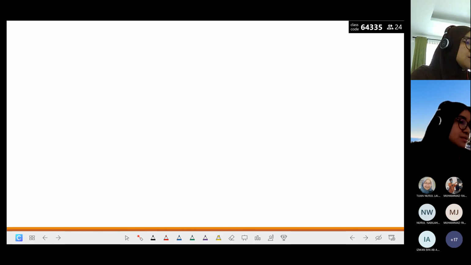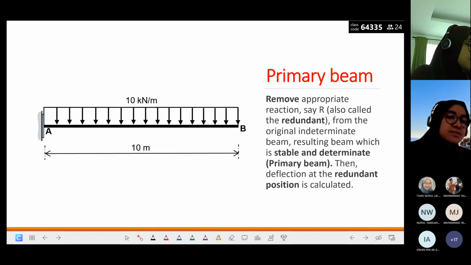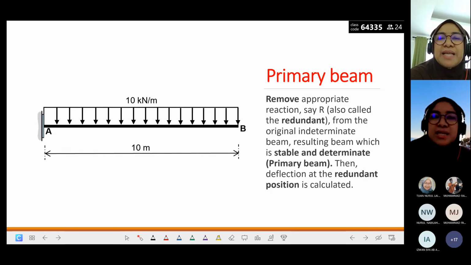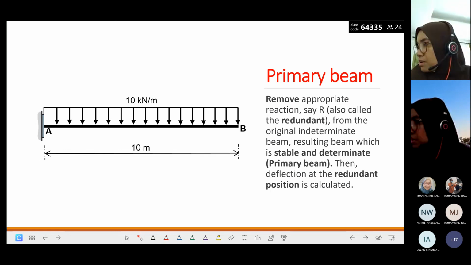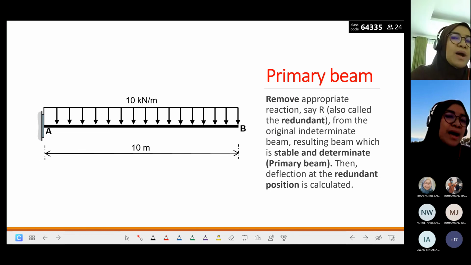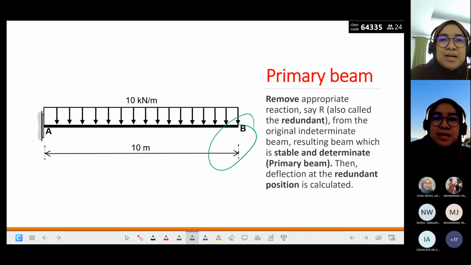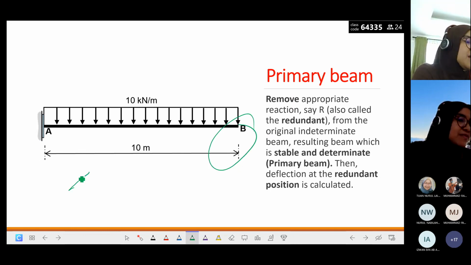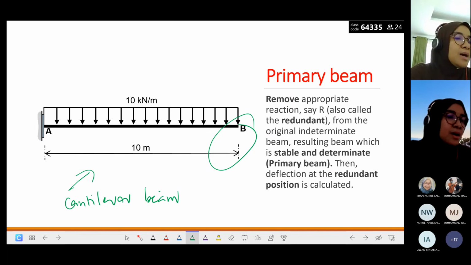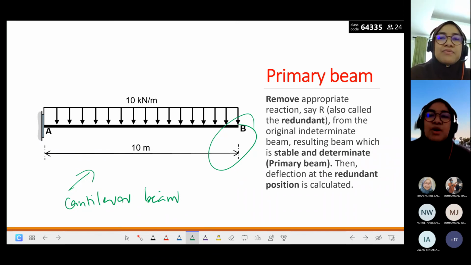What is actually the primary beam? Now I have removed BY here, and the beam is actually a cantilever beam. Primary beam means we remove the appropriate reaction R, the redundant from the original. Of the 4 earlier, we remove 1.